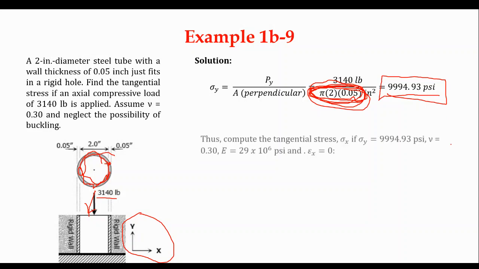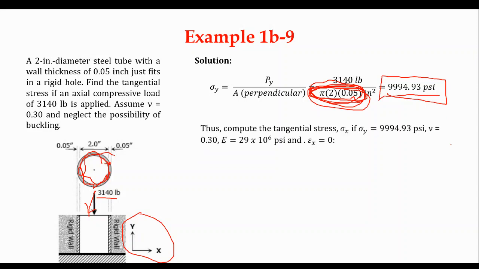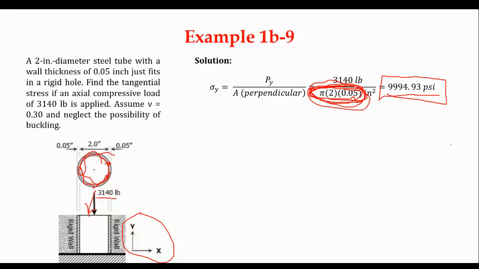Now what is next? You have to compute the stress in X. What is the stress in X? The stress in X is actually the tangential stress. Na-remember ninyo tong thin-walled? Diba? Thin-walled.